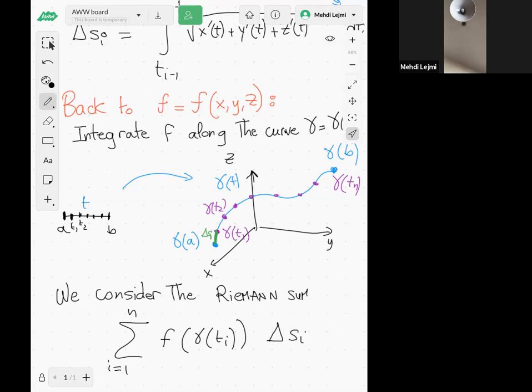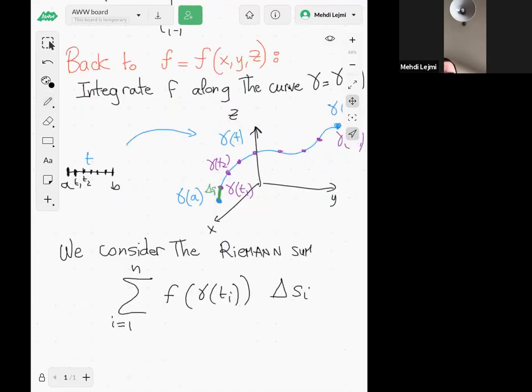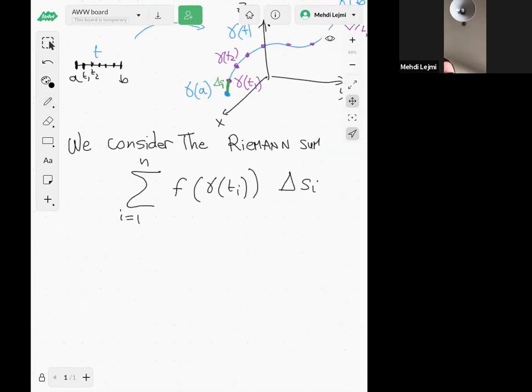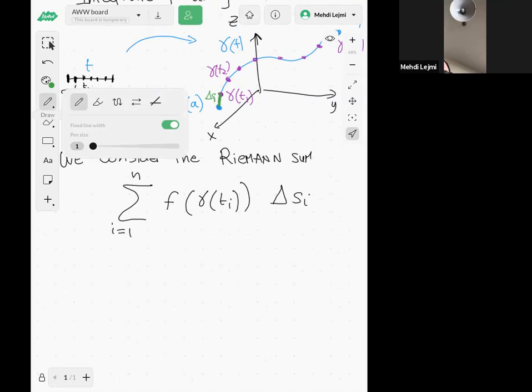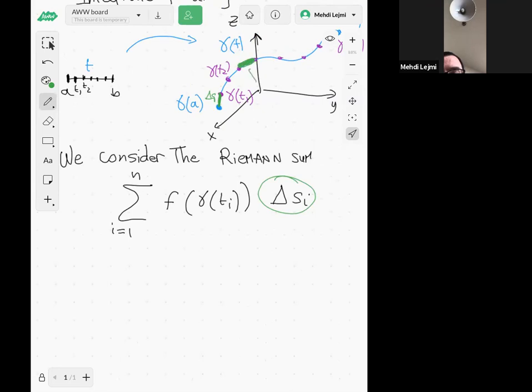Delta s i is the arc length of this portion between these 2 points of the curve, and I'm multiplying it by the function f.